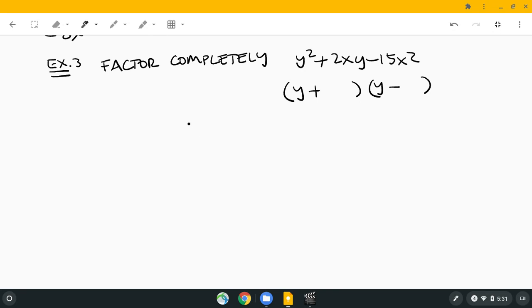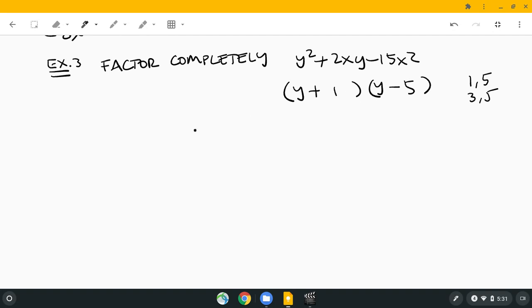So we can try 1 and 15, 3 and 5. Some of you may know the answer, but I'm going to pretend that I don't, and I'm going to try 1 and 5 in this order.